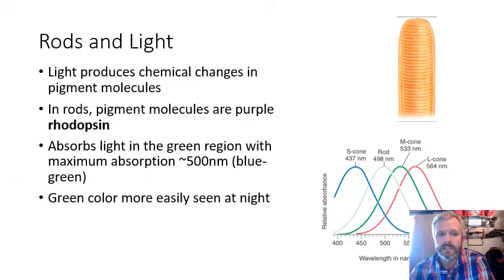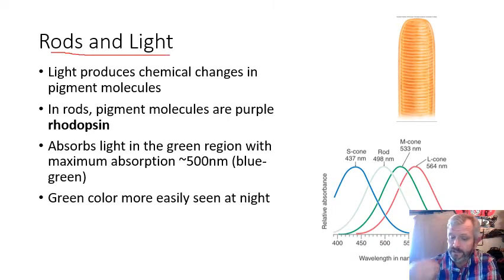All right, so let's get into our signaling. We'll look at how the rods work, but basically the signaling in the cones is very similar, just with different wavelengths of light operating. So we're looking specifically at the rods.